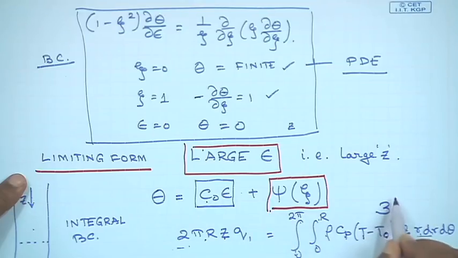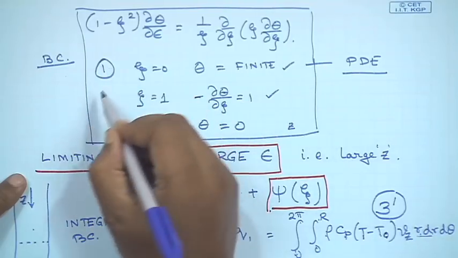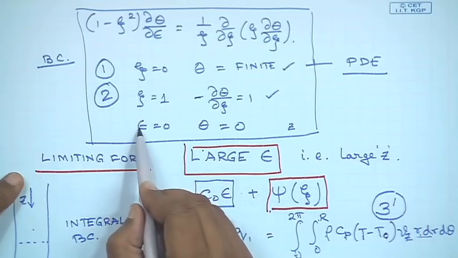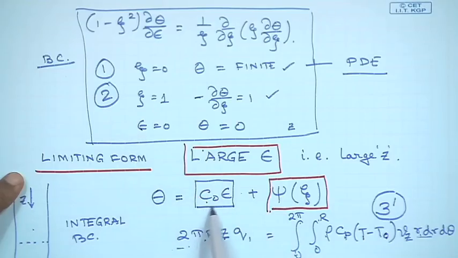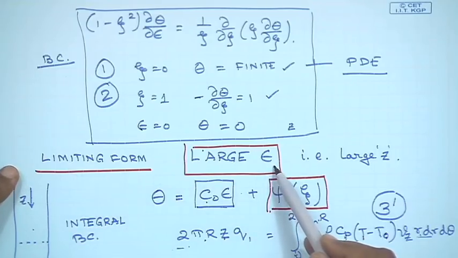So, this is the third boundary condition that we are going to use. This is my first boundary condition, this is my second boundary condition, and this is the third boundary condition, because the third condition that I have written over here does not conform with the form of theta that I have written in the limiting case for large values of epsilon.